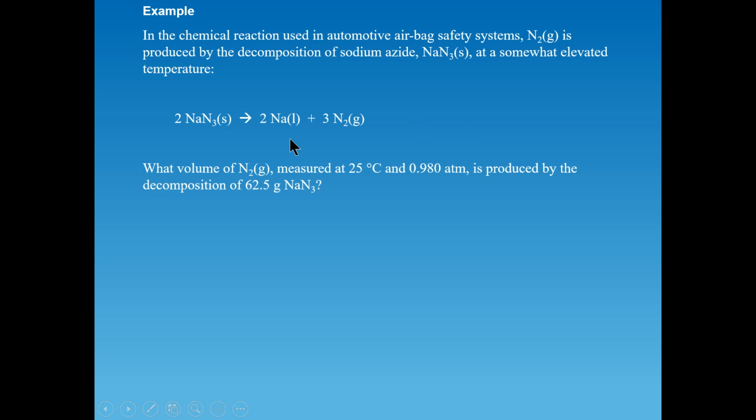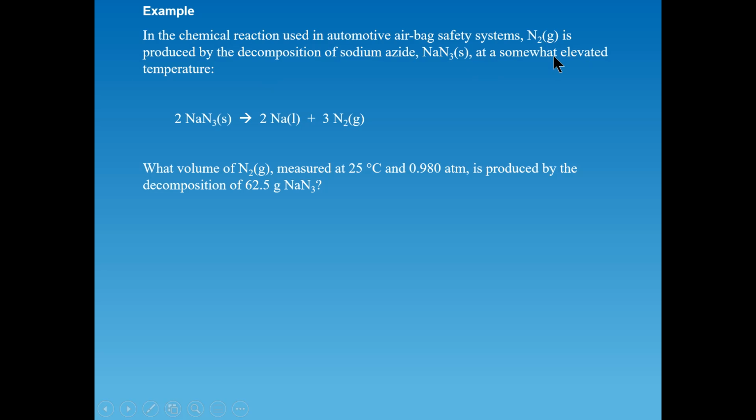So here you're given a balanced equation, and this is a reaction. I don't think this is used anymore, but they're talking about this reaction being used when an airbag is deployed from your steering wheel when an accident happens, in order to protect you from hitting your head or from other injuries.